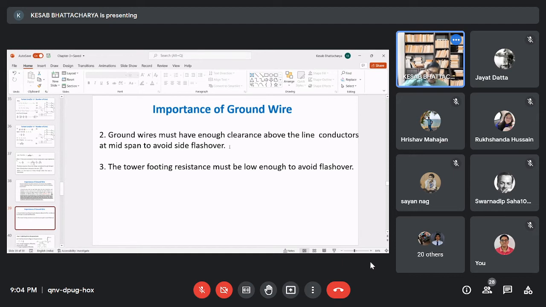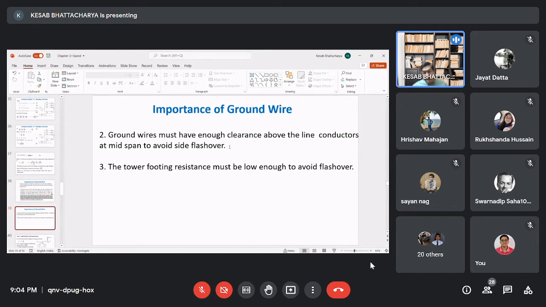The electric field strength will go up, and if it exceeds the breakdown strength of air, there can be ionization or failure of air, resulting in the development of a fault in the system. That's why ground wires must have enough clearance above the line conductors at mid spans also, to avoid side flashover.